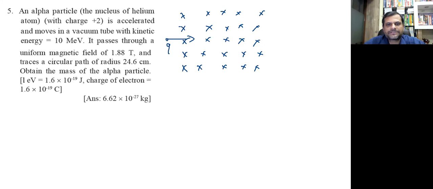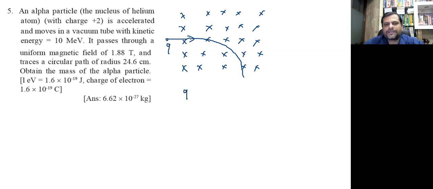It experiences a force due to it, and that force acts as a centripetal force necessary for its circular motion, and hence the particle revolves in a circular path, correct? And the radius of that circular path can be obtained just by equating the magnetic force and centripetal force.